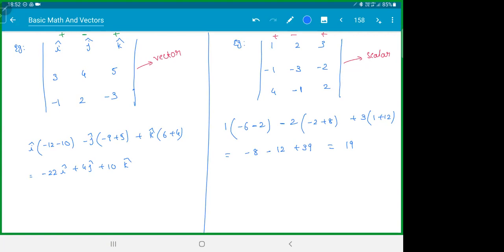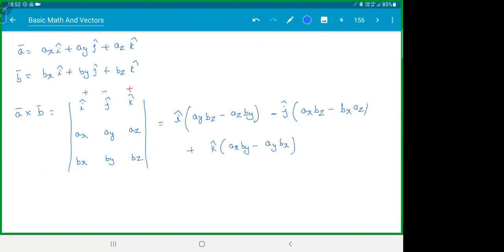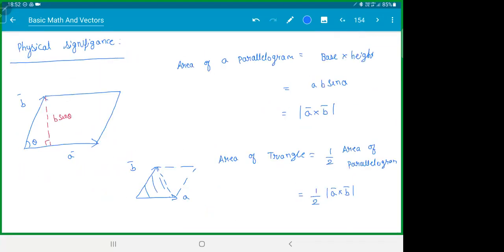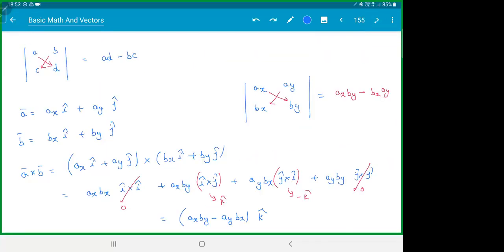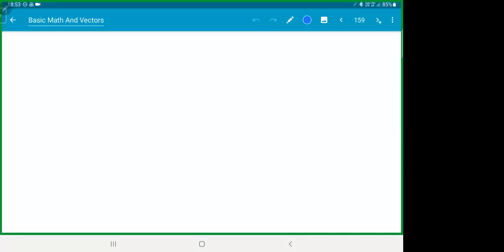Next thing. Let's see a question now. So if you write some properties here, A cross B gives the area of parallelogram. Just briefing it up.